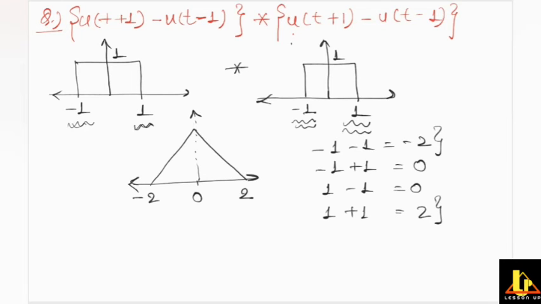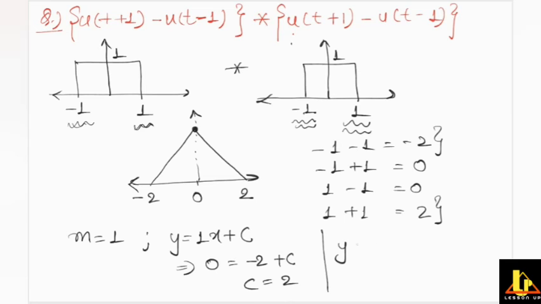Okay, so what will be the amplitude? Amplitude we will find in the same way. So slope will be the product of the amplitudes of both signals, that is 1 into 1, so this is 1. Now y is equal to mx, that is 1 into x plus c. Initially y is 0, x is minus 2 plus c, so the initial value is 2.